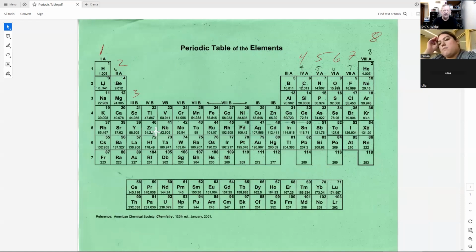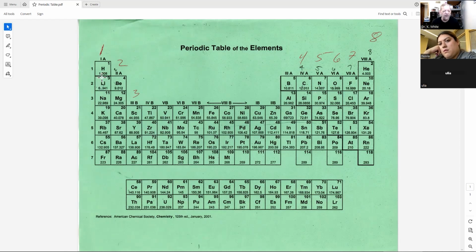Now, on test 2, underneath your name, it will say, please use proper significant figures for all calculated answers, and please use 3 significant figures for all atomic weights. If you don't, I'll take off a point for each problem.